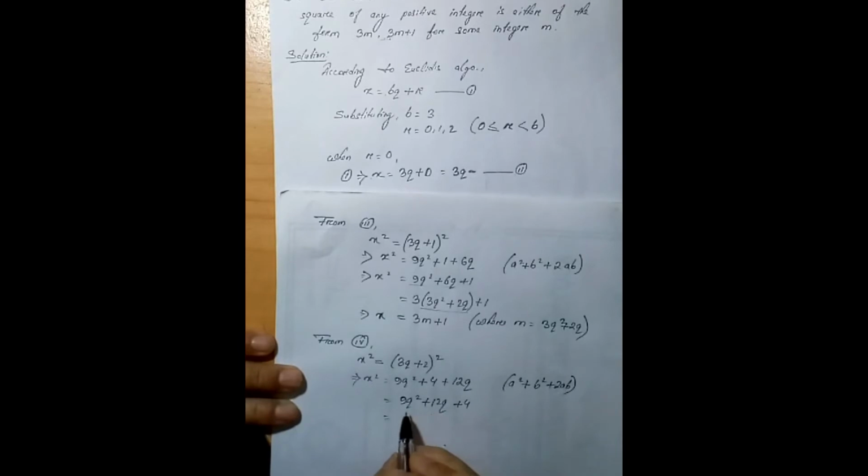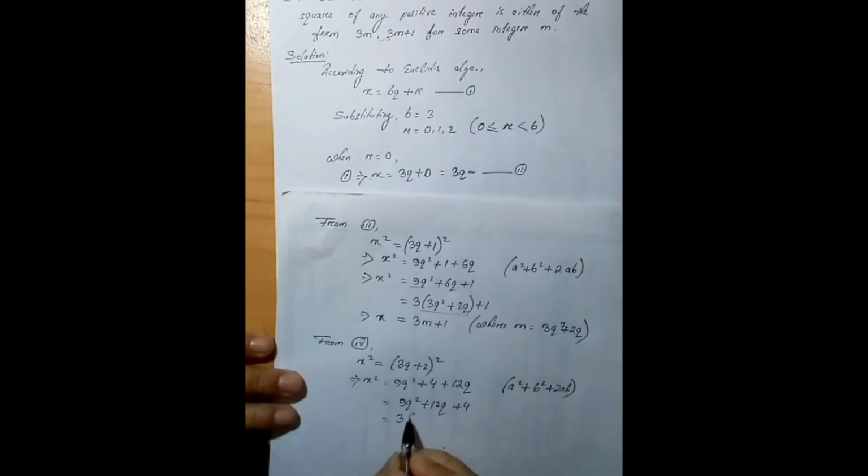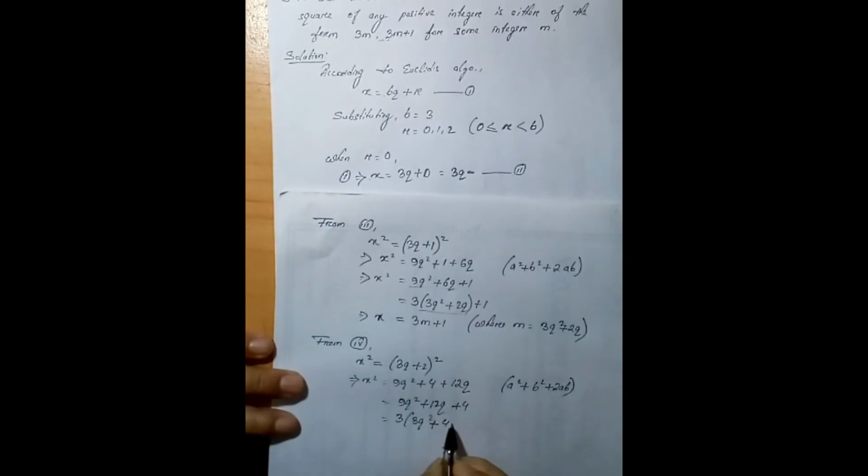So we'll take the common of this, so we'll get 3 common again. 3 3 is 9, q square we can write like this, plus again 3 from 12, isn't it? 3 is already outside, so 4 will be there, so q plus 4.